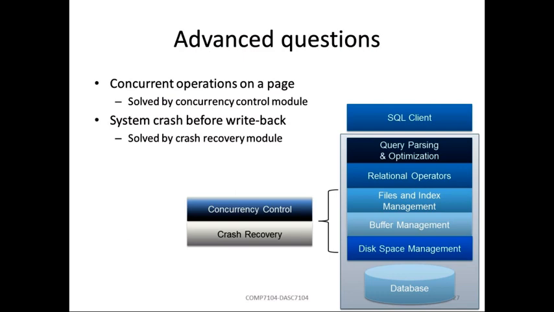And we will see how this is handled by the crash manager, and again, how this may impact the buffer manager as well. So we'll talk about concurrency control and crash recovery starting today later on. And we will see that these two modules in particular interact in non-trivial ways with the buffer manager as well.